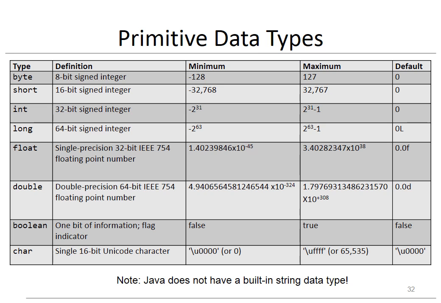The table also specifies the minimum and maximum value together with the default value. Important to note here is that Java does not have a built-in string data type. We will discuss how to work with strings in a later chapter.